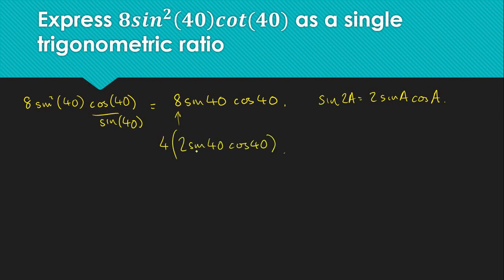Just forcing that coefficient there that I wanted. Now that will be 4 lots of, well, 2 sine of 40 cos of 40 must be sine of 2 lots of 40. So that'll be sine of 2 times 40. Going to be 4 sine 80.